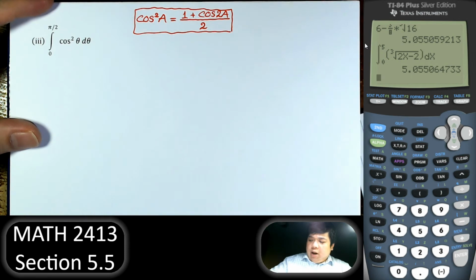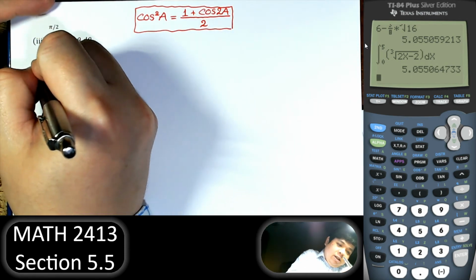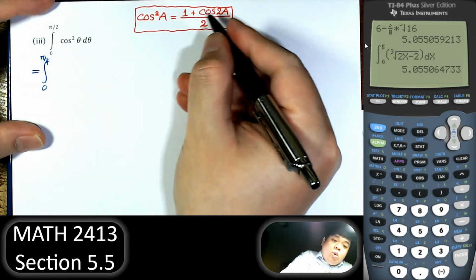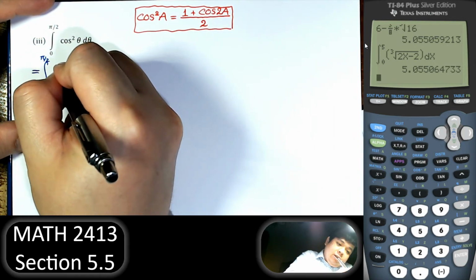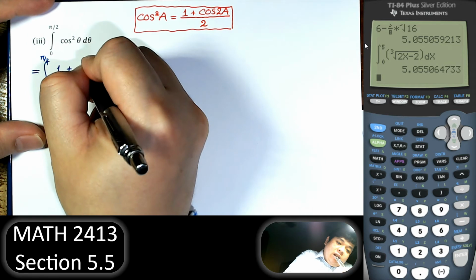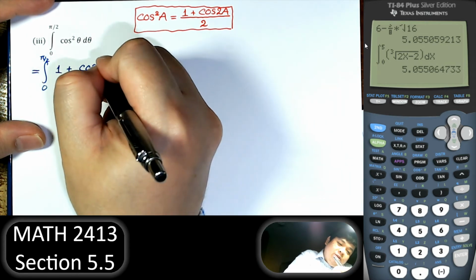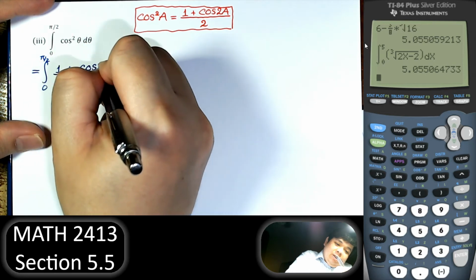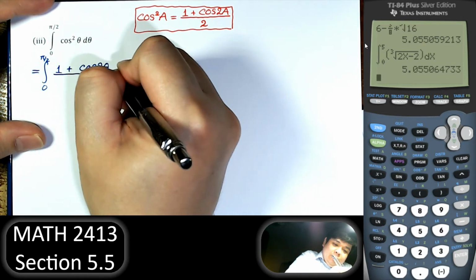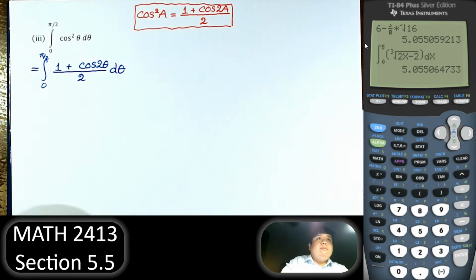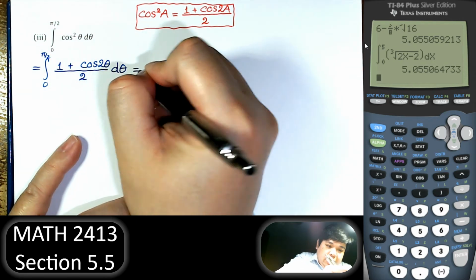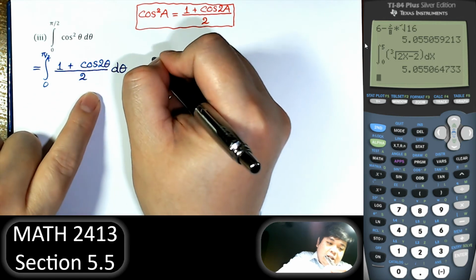So in this problem, I will rewrite cosine square using that. By the way, like I said, this is more like a calculus 2 problem. Now for this one, I certainly can split them, right?